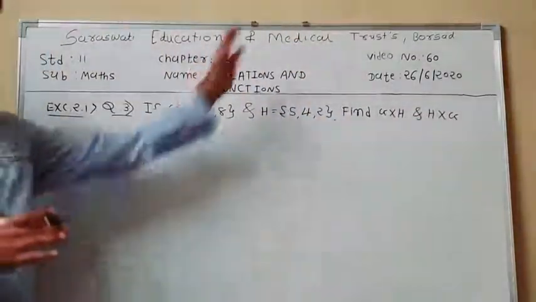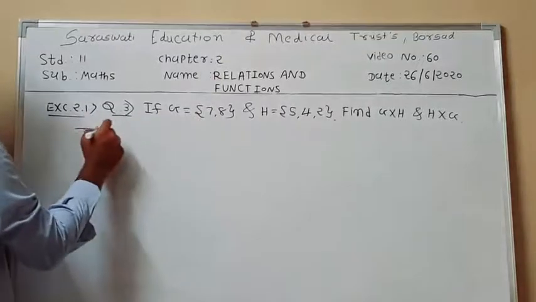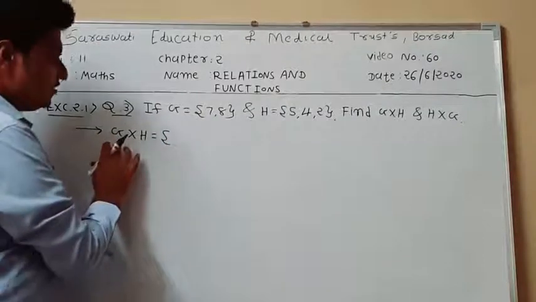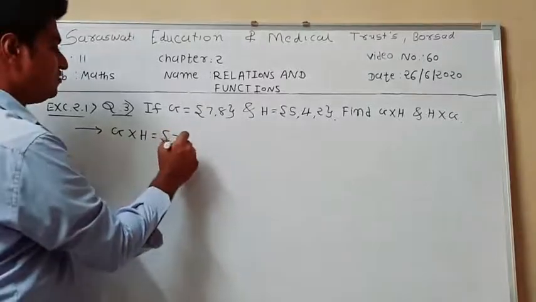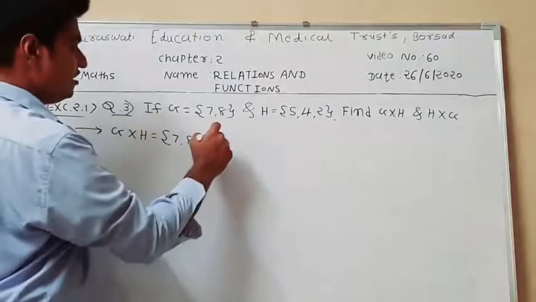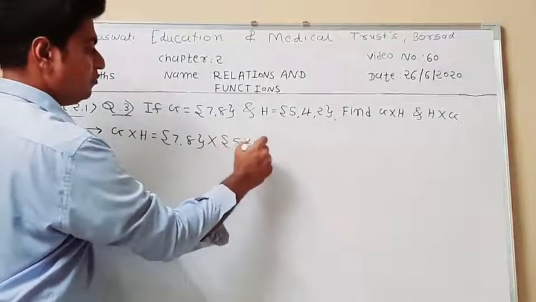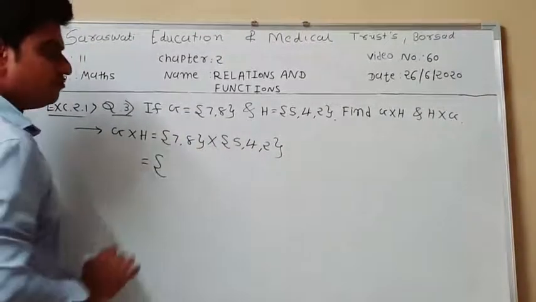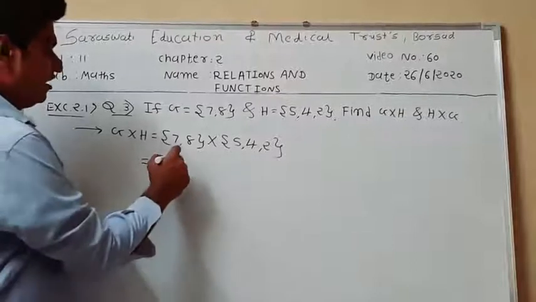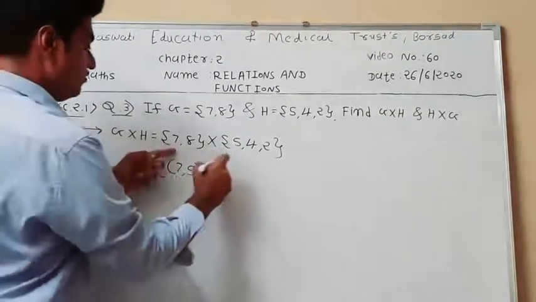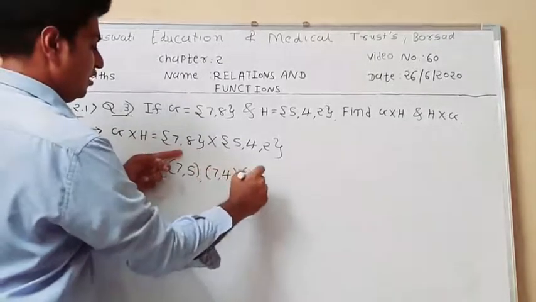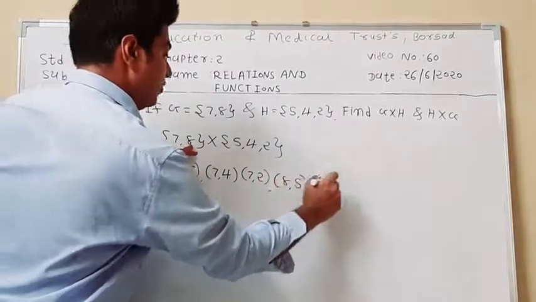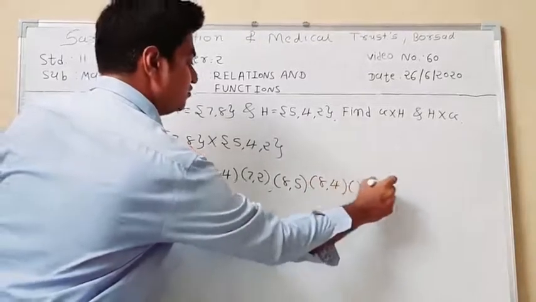So first of all, find G × H. So here we can write G × H is equal to, the first position is from set G, so write the elements of set G: {7, 8} × {5, 4, 2}. Now apply the Cartesian product, so we write ordered pairs: (7, 5), (7, 4), (7, 2), and in the same way (8, 5), (8, 4) and (8, 2).